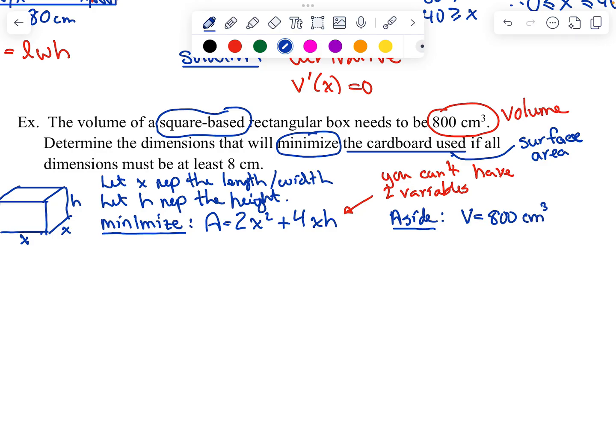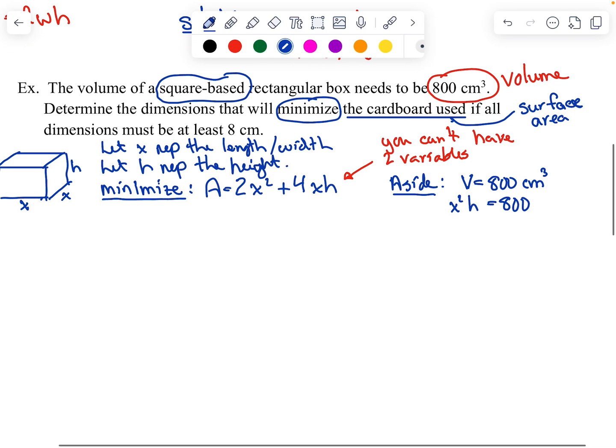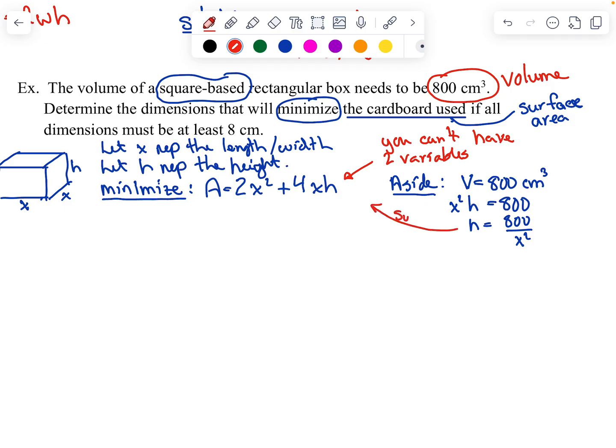Volume means length times width times height, so x squared times h must be equal to 800. I can now rearrange for h: the height is 800 over x squared. And now I can substitute that back in over here to get rid of the h in that equation.